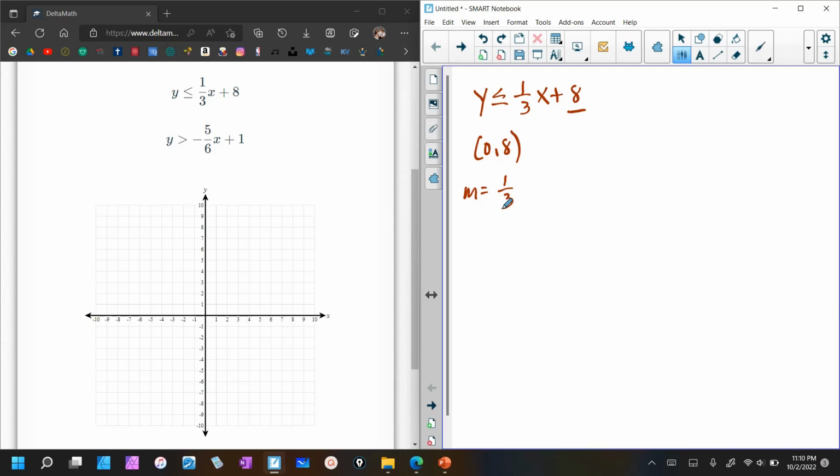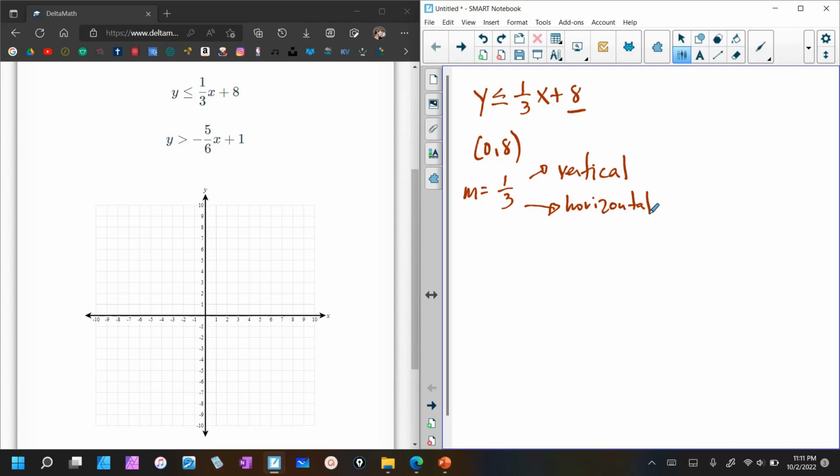The number on top tells you the vertical movement. If it's positive, from the y-intercept you go up. If it's negative, from the y-intercept you move downward. And then the denominator tells you the horizontal movement, that is after you move vertically. If the number at the bottom is positive, you move to the right. If it's negative, you move to the left side.